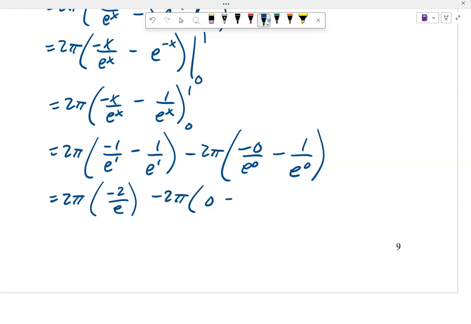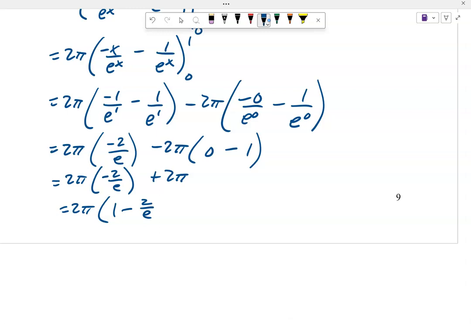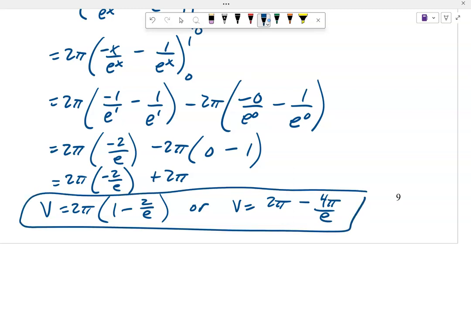And I've got 0 minus 1, plus 2 pi. So I've got 2 pi times negative 2 over e plus 2 pi, or 2 pi times 1. So if I take a 2 pi out, I have negative 2 over e plus 1, or 1 minus 2 over e. Or, yeah, I guess you could write it as 2 pi minus 4 pi over e, it's the same thing. Either of those work, as does a decimal.